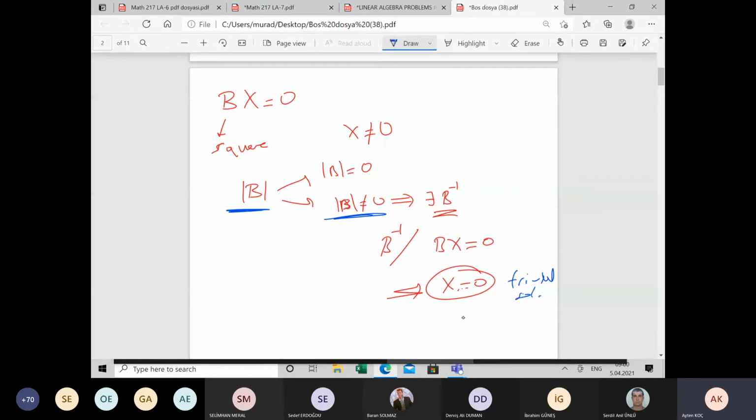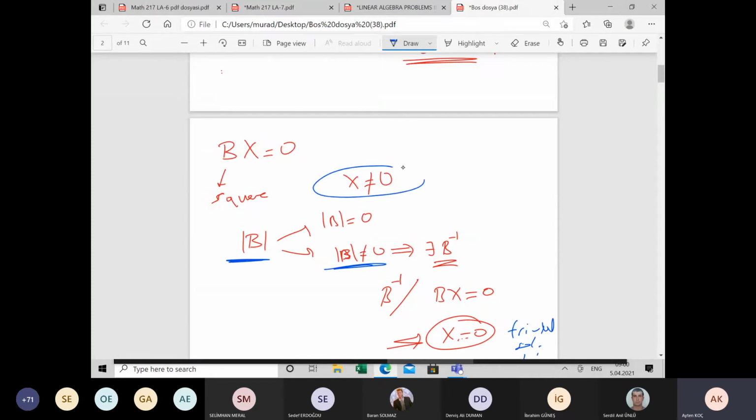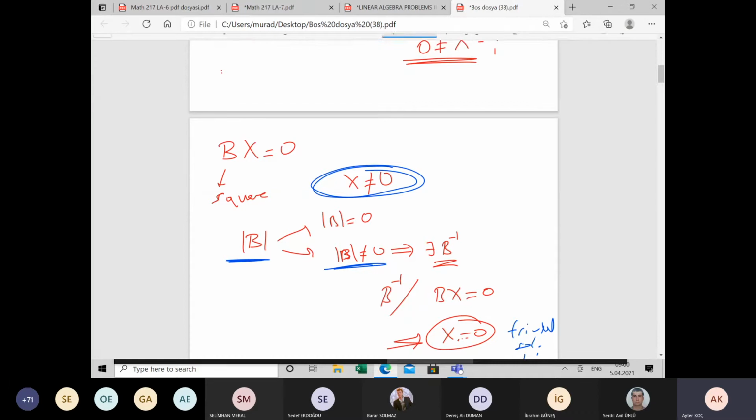But here our aim is to get the non-trivial solution. So the determinant of the coefficient matrix should be 0. What is the condition? For any system with a square coefficient matrix to have a non-trivial solution, the determinant of the coefficient matrix should be 0. Let's come back to our question. Our coefficient matrix, this one.